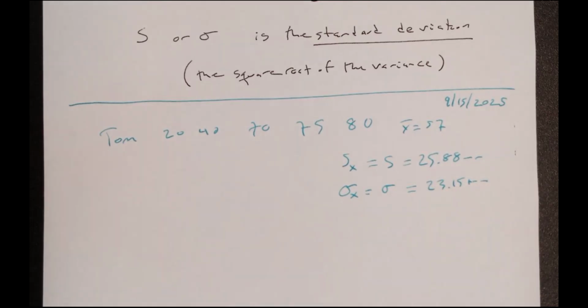That means it only makes sense to compare standard deviations in cases where the units are the same. If I was going to talk about the spread of stock prices, I want all of those stocks to be traded in dollars.